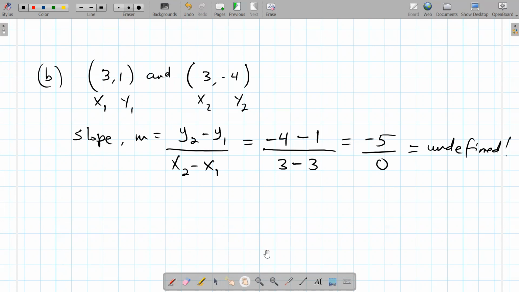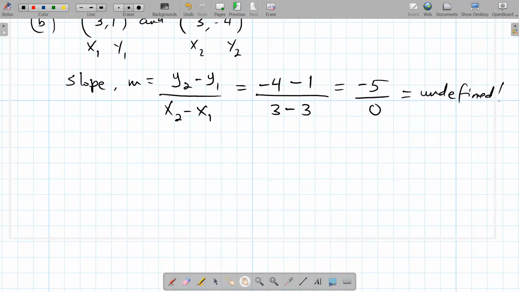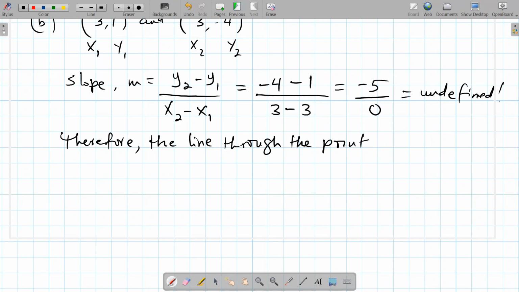undefined. And because the slope is undefined, what it means is that therefore the line through the points is vertical. Vertical. Okay.